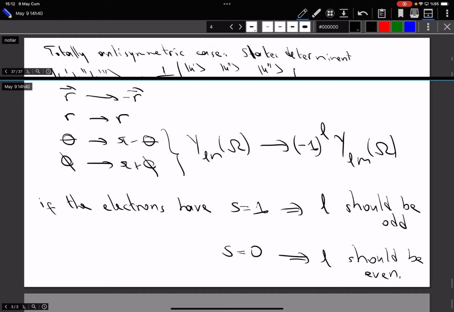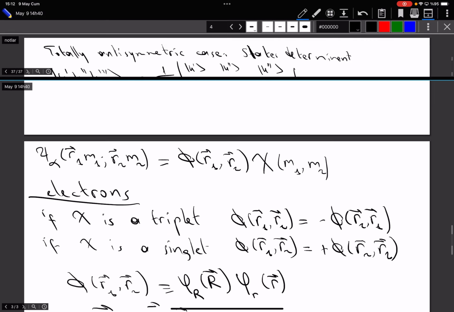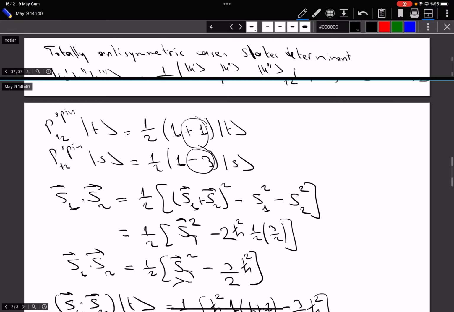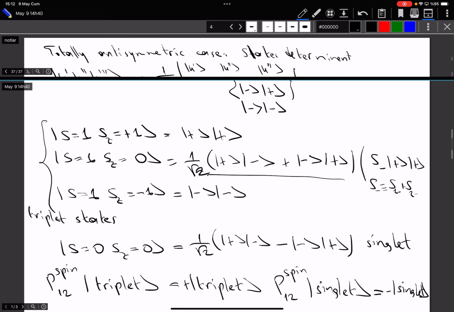Can you repeat the last sentence? S is equal to 0. Yes. You see, if S is equal to 0, the space part of the wave function is this one. But if you look at that one, that is an anti-symmetric wave function under the exchange of spins.